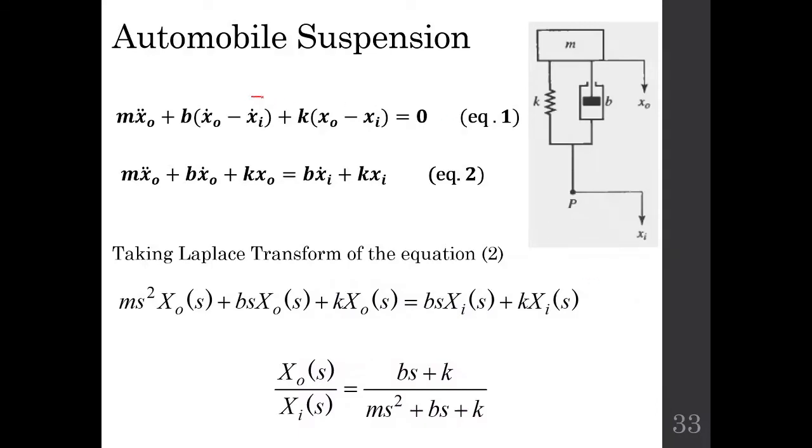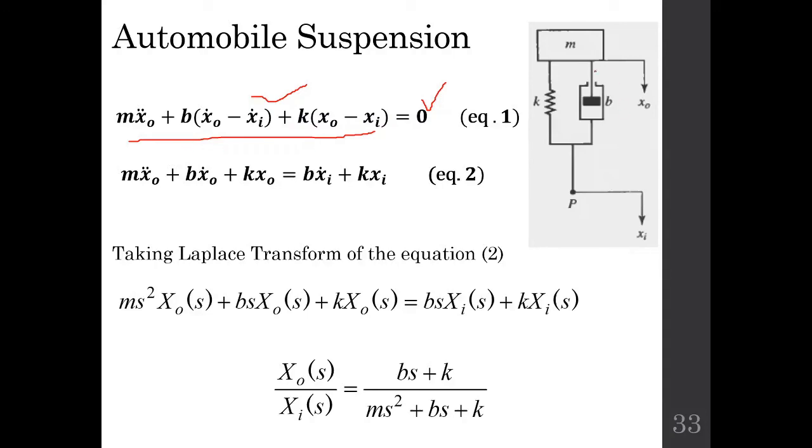Okay, so this is the equation of motion for the suspension system of a car. It is very easy, as you can see here, since in this mechanical system we do not have any applied force. We'll simply use applied force equals the sum of all opposing forces.